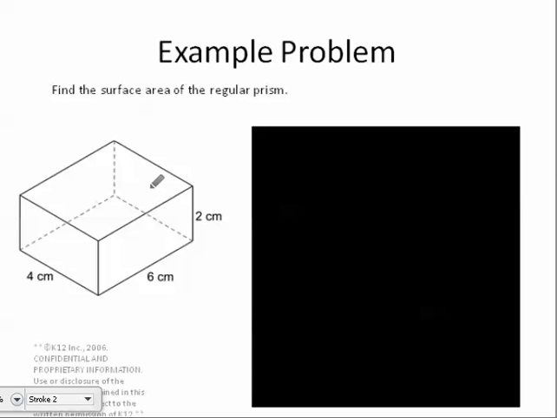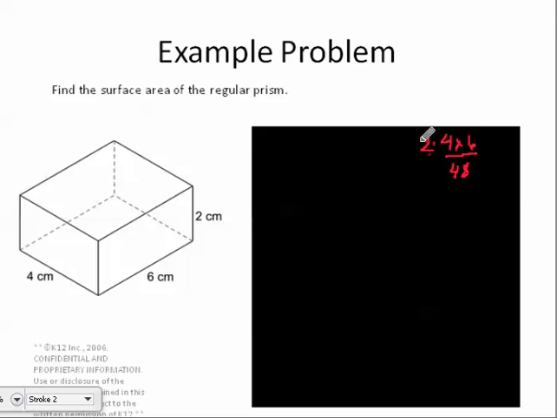So let me show you a problem. This is a rectangular prism. We've got a rectangle on the bottom. It's a 6 by 4. So the way I would find the area of this, I would take 4 times 6 times 2. Why? Because that's the area of the base times 2, right? And that's going to give me 8 times 6, that's 48.